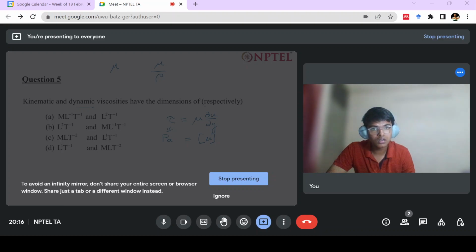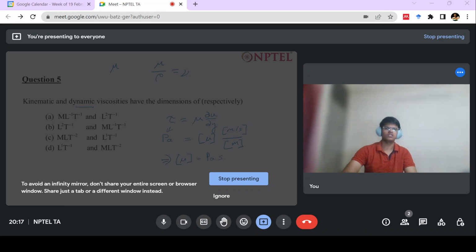This is represented with mu, another Greek letter. Alright. So this unit we have to find out. Above it, this is velocity, so this is meter per second, and this is a length, so this is meter. So here we can find that the unit is Pascal. We know this. We represent viscosity all the time.